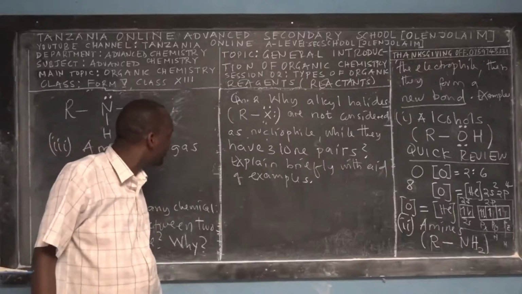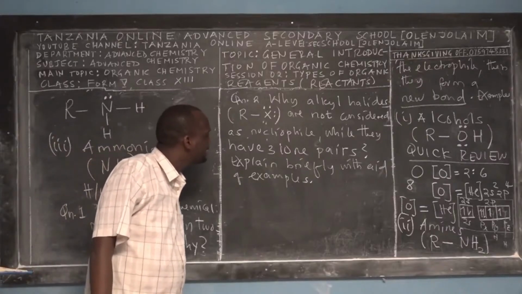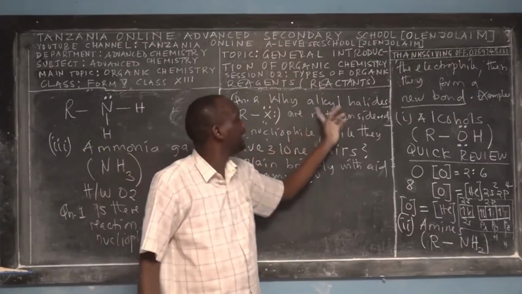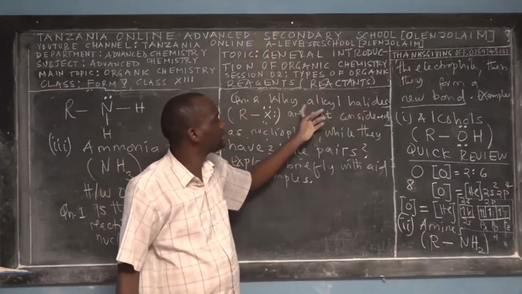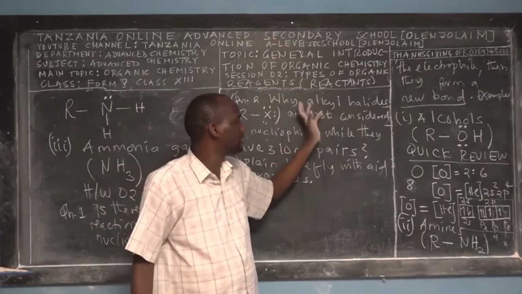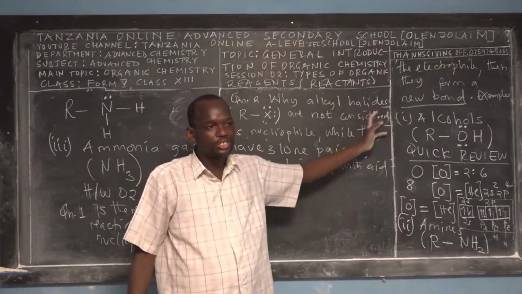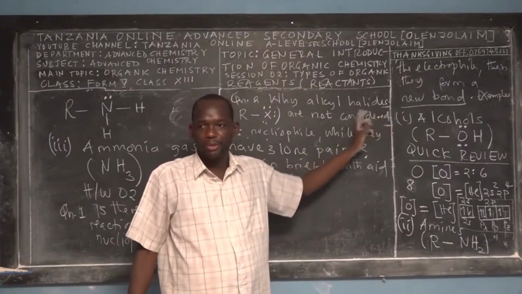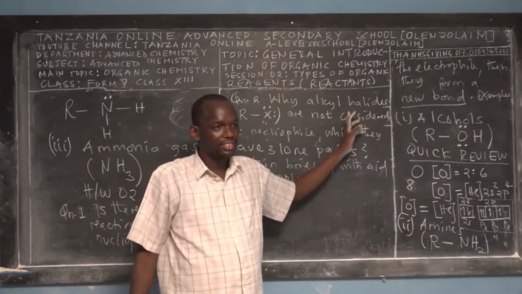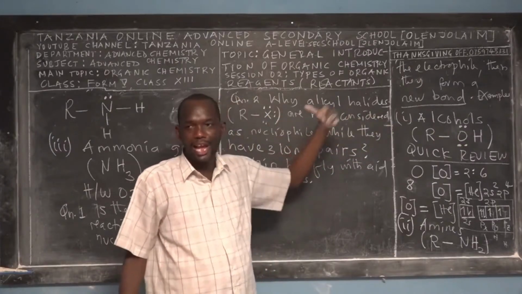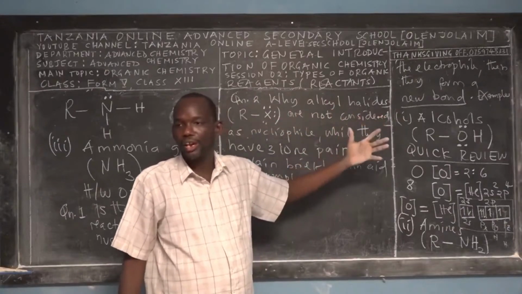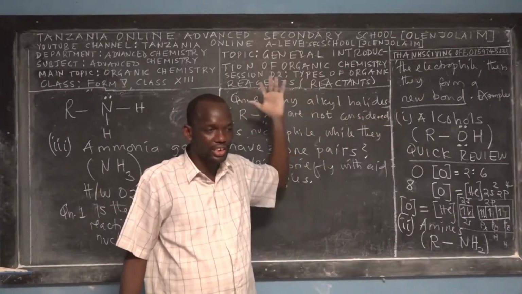They are halogens because in alkyl halides, alkyl is the alkane part. Halide is the name derived from halogen, right? So fluorine, chlorine, bromine, iodine, they contain lone pairs. Go and write the electronic configuration.